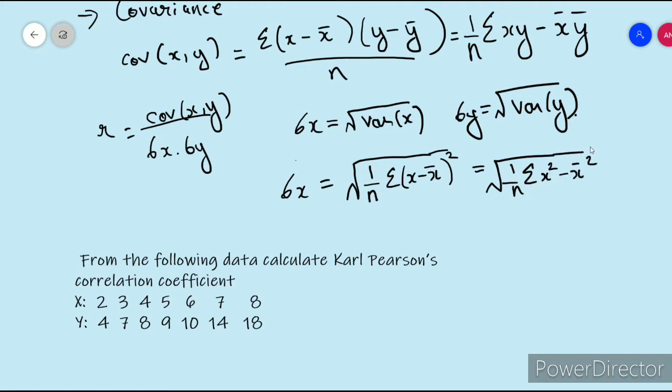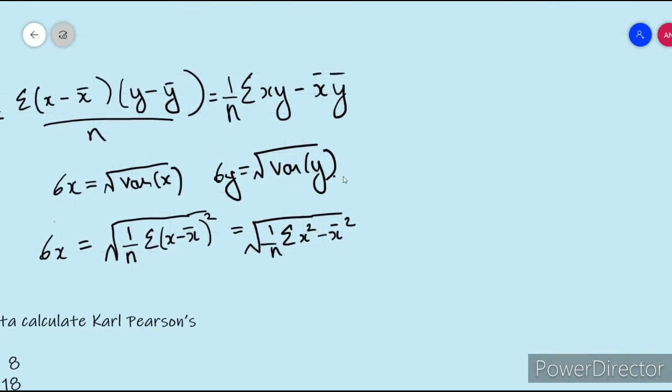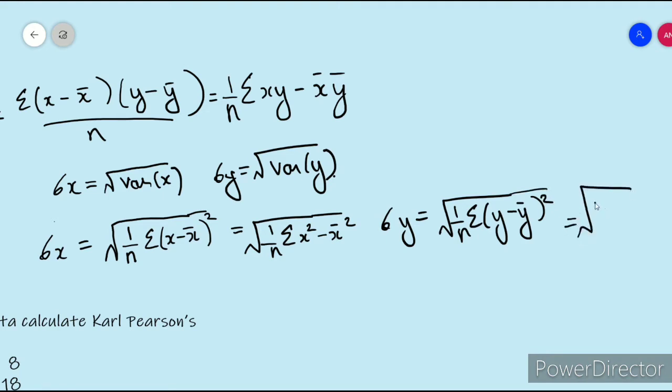And similarly, the standard deviation of y is the square root of the variance of y, 1 by n summation of the square of the deviations of y values from their mean, which can also be written as follows.